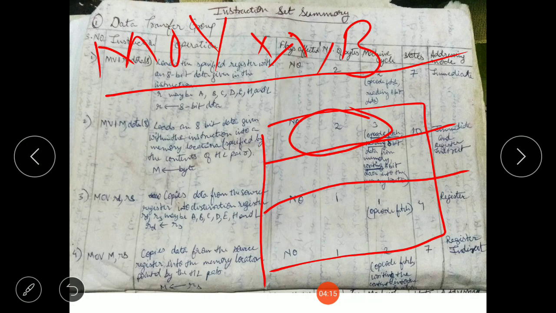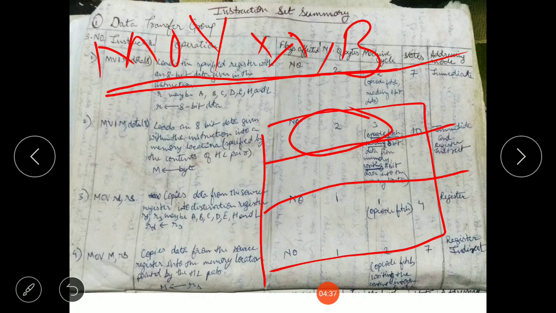Now one more thing, there might be a doubt in your mind that if the instruction is of 1 byte, then it will need only one machine cycle, or if the instruction is of 2 bytes, then it will need 2 machine cycles. No, this is wrong.